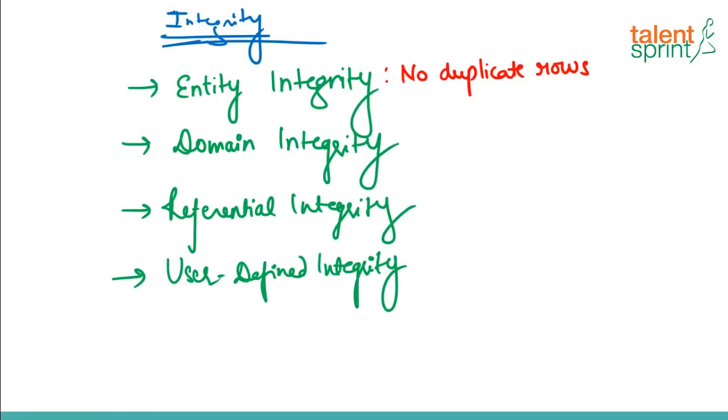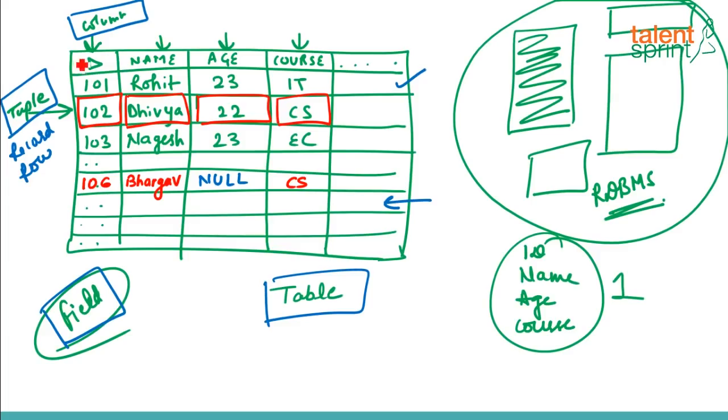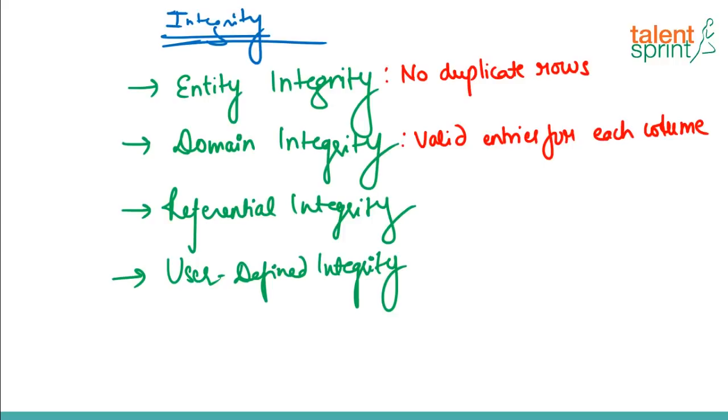Next is domain integrity, which means that there should be valid entries for each column. And this is based on type and format settings. So for example, the ID column should have only numbers because the ID that we are putting is in numbers only. Similarly, age cannot have a character, it should only be numbers. So these are called the type checks or the format checks that help in domain integrity.